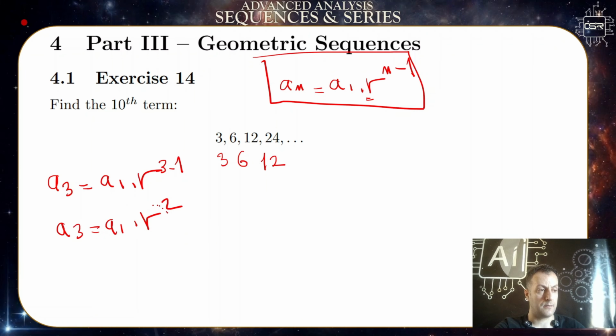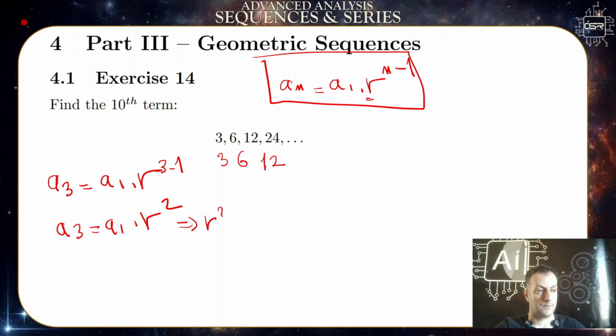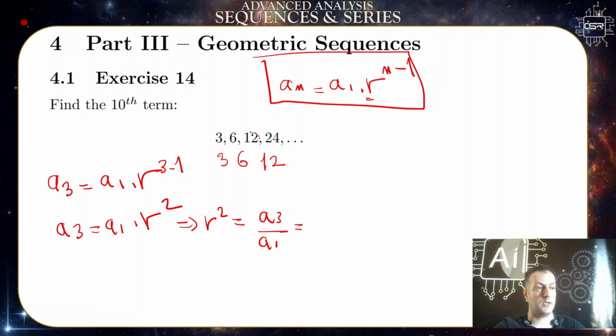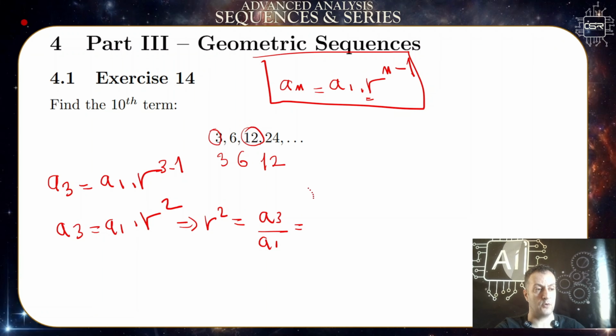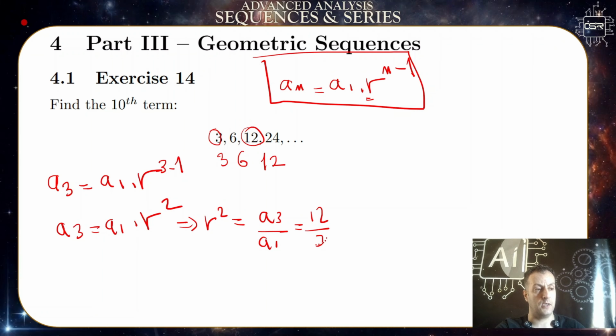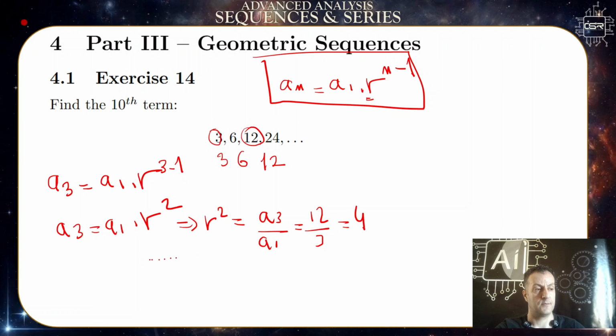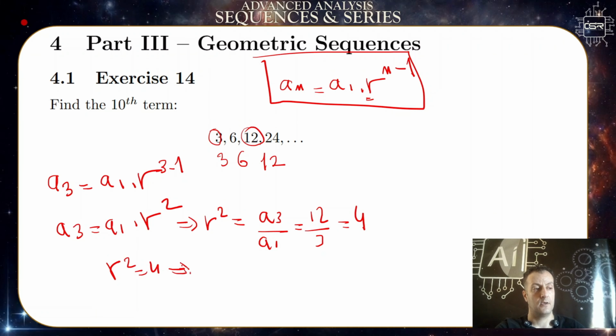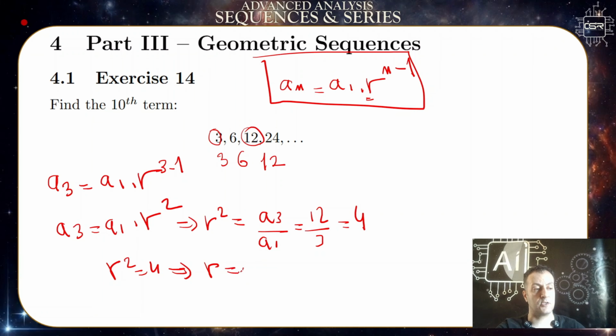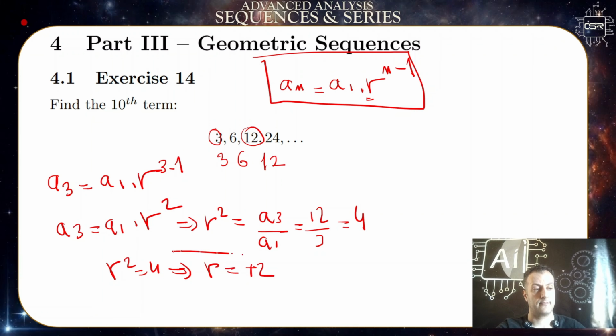So r squared is equal to a3 divided by a1. a3 is 12, the third term, divided by a1, the first term. 12 over 3 equals 4. So what is r? r squared equals 4.